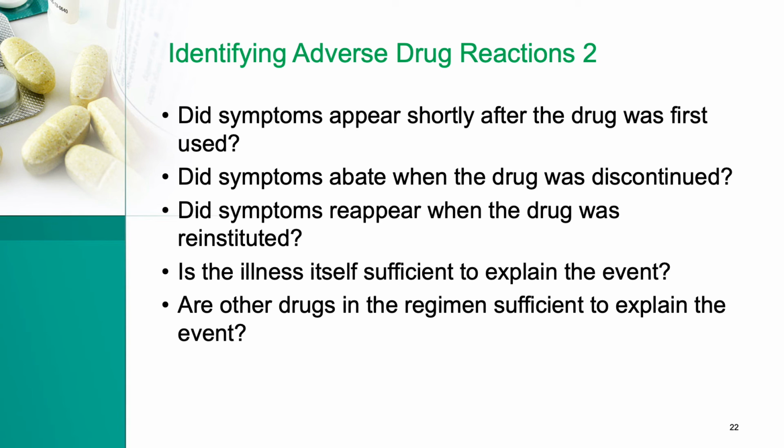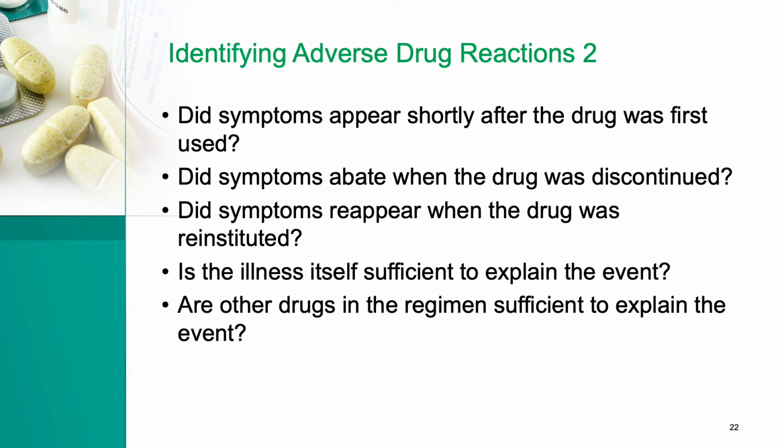A couple of other questions that can be asked include, is the illness itself sufficient to explain the event? Are other drugs in the regimen sufficient to explain the event? The answers to these questions can reveal a temporal relationship between the presence of the drug and the adverse event, which can increase the likelihood that it is an adverse event.